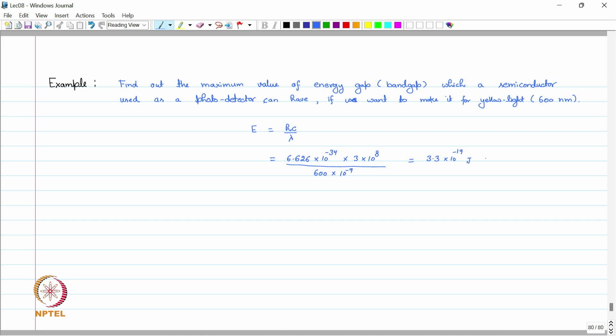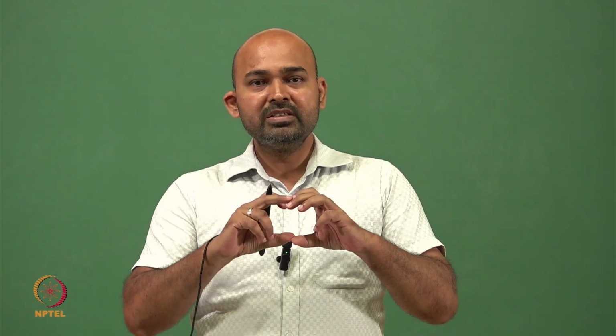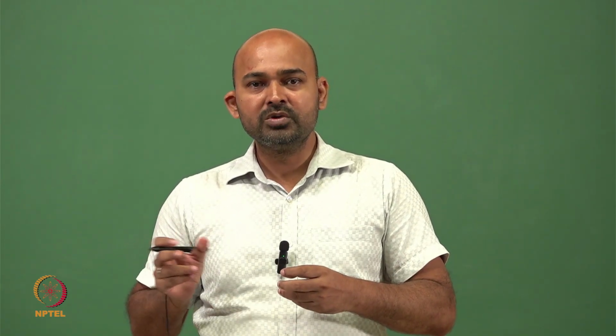joule, or you can express it in electron volt, which is more relevant for the band gap calculation. It comes out as 2.07 electron volt. So here we see that if we use a material which has a band gap of 2.07 electron volt, it means it can absorb the photon of yellow light and produce an electrical signal.